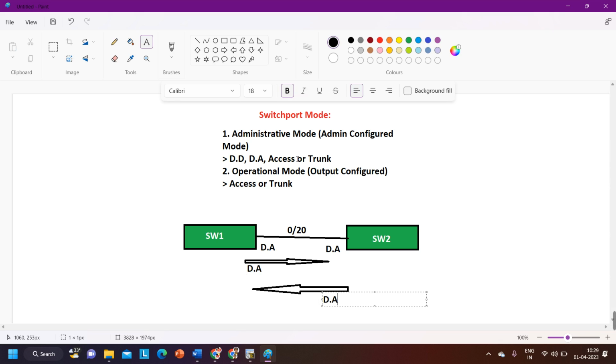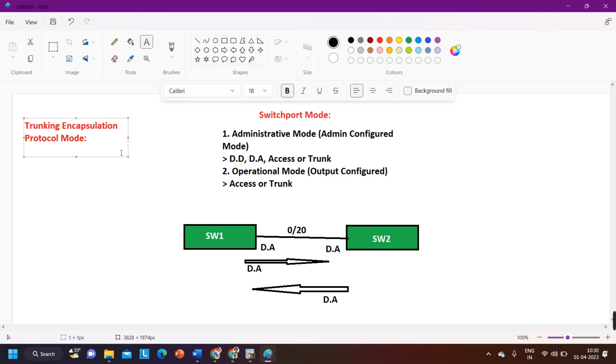After that, how many types of trunking encapsulation protocol mode are there, guys? Again there are two types of trunking encapsulation protocol mode.